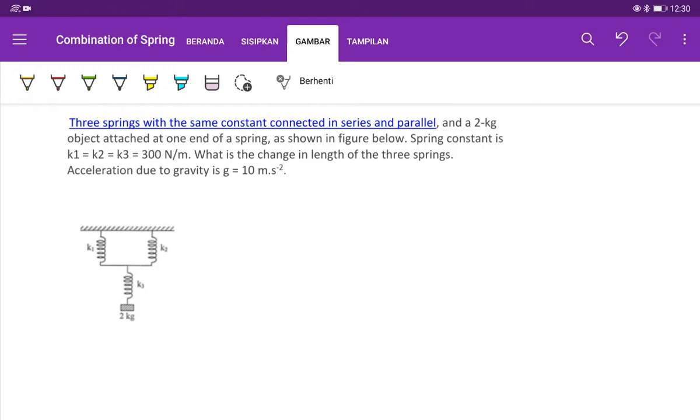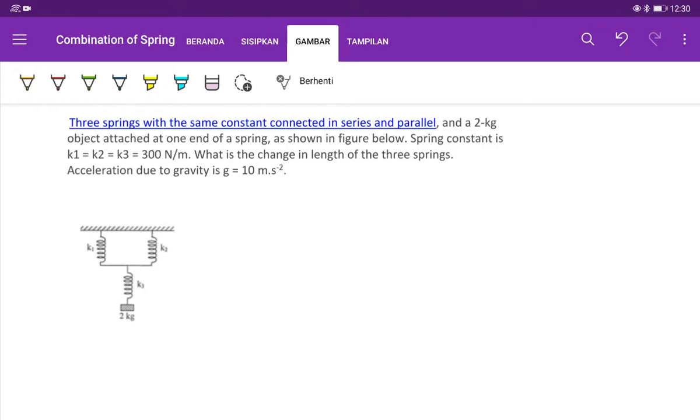Three springs with the same constant connected in series and parallel, as shown in the figure, and a 2 kilogram object attached at one end of a spring. The spring constants K1, K2, K3 are identical, 300 Newton per meter.